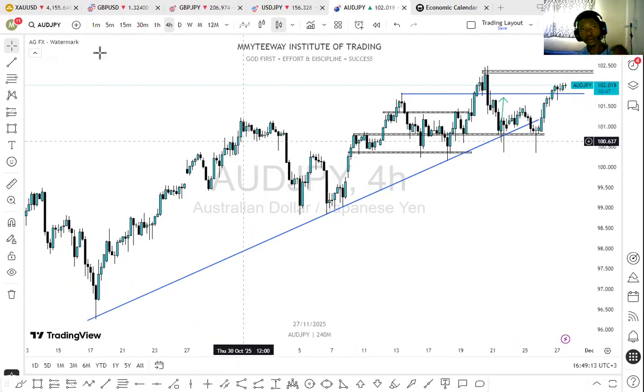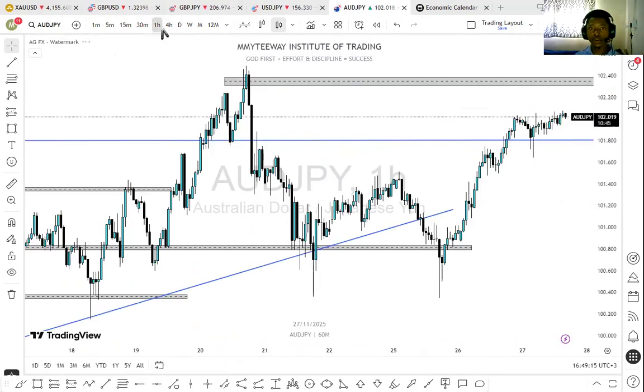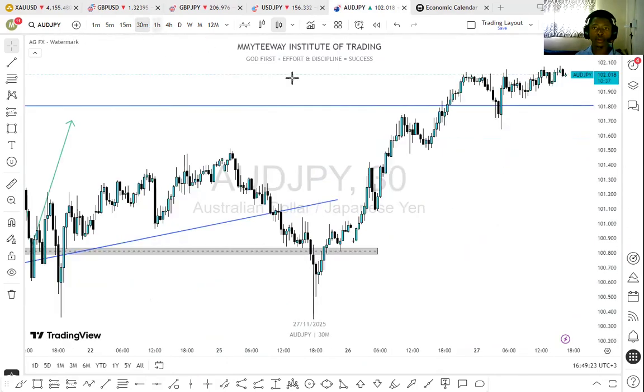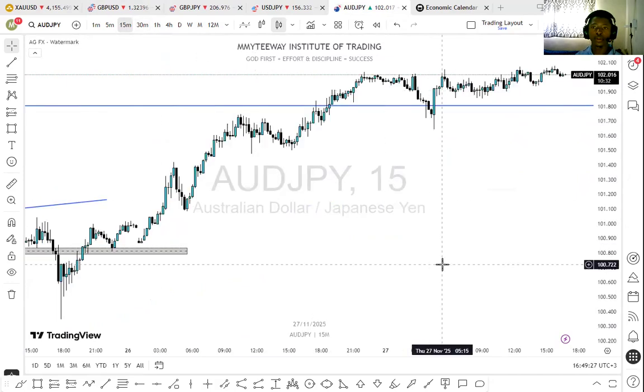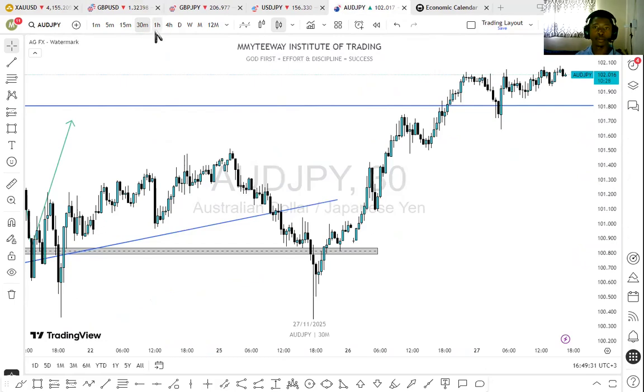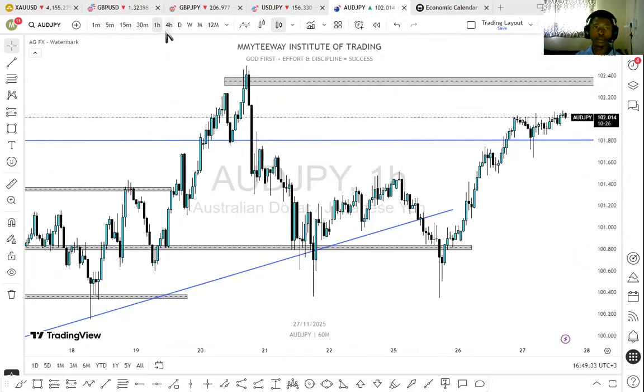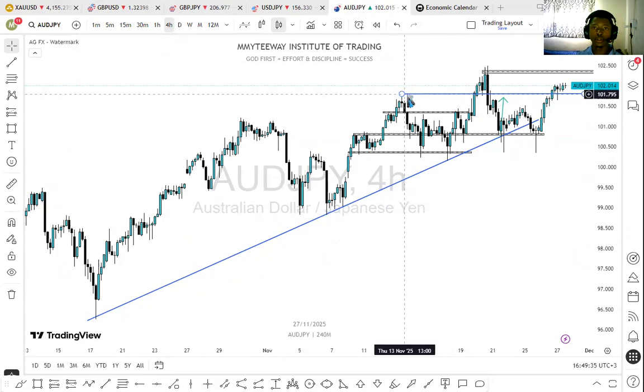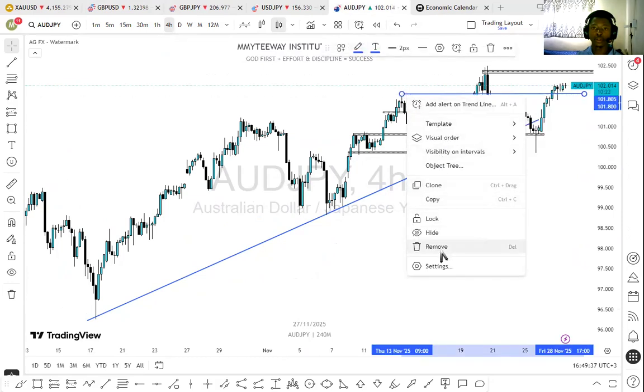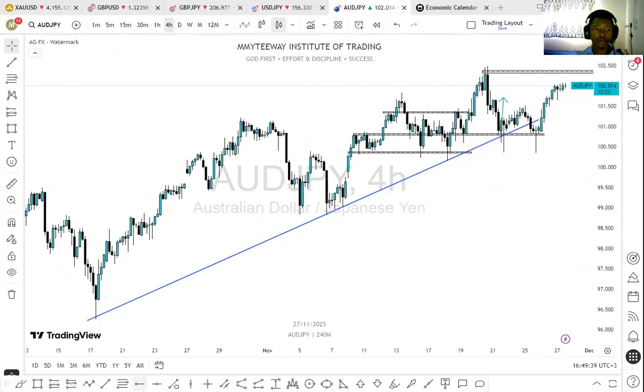So let's just go into the smaller time frames. This graph is not moving nicely.